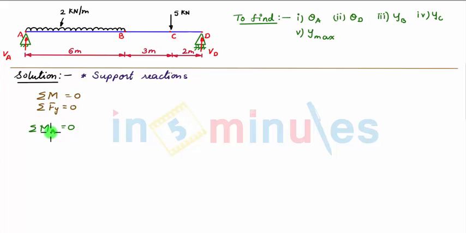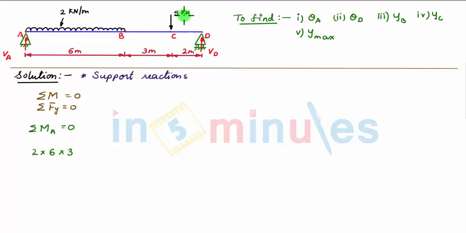Writing the moment equation about point A, we have the first clockwise moment due to this UDL of 2 kN per meter acting for a distance of 6 meter. So we have a moment of 2 multiplied by 6, and this UDL may be assumed to act at the center, that is at a distance of 3 meter from point A, so multiplied by 3.